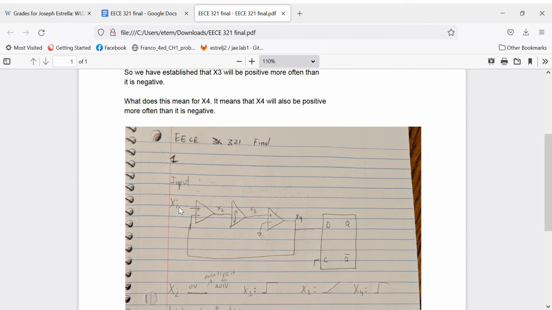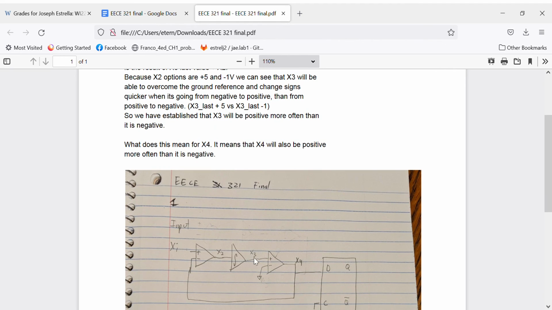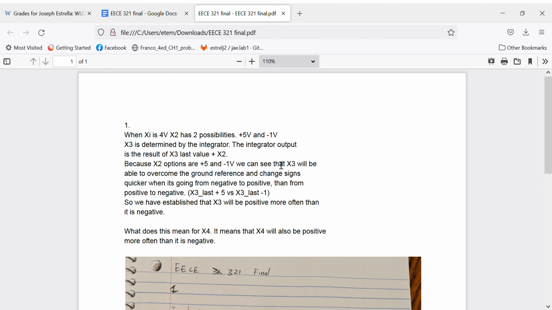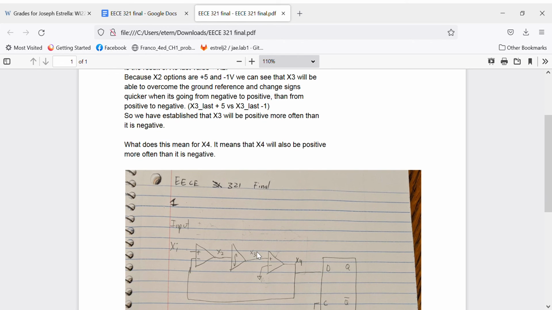And then if x in is negative 4 or a negative value, the same process applies, but in the equation that determines the x3 node, the negative part is going to be greater. So the transition from positive to negative will happen faster than the transition from negative to positive.